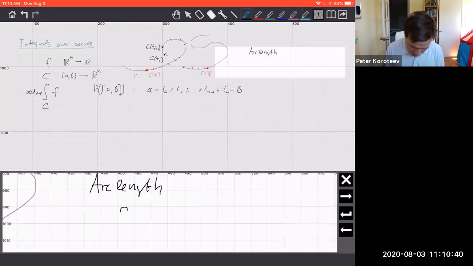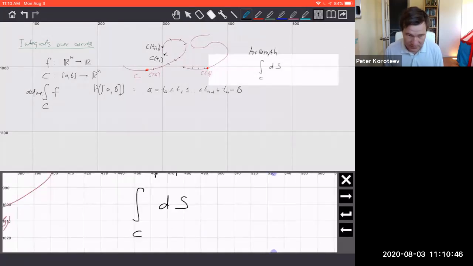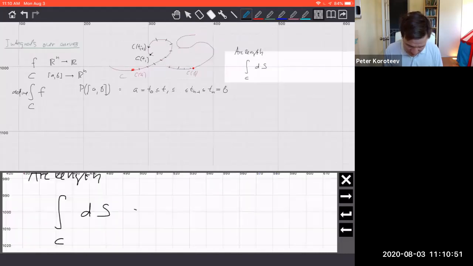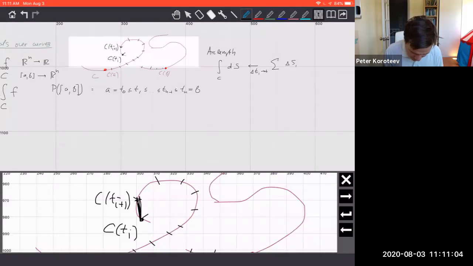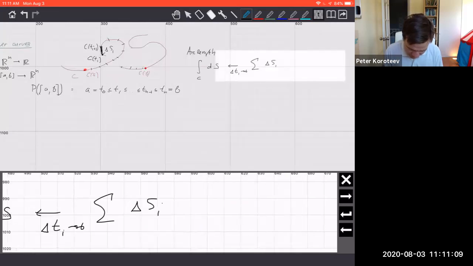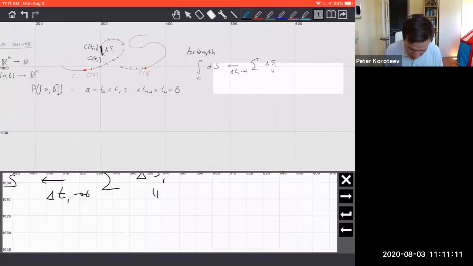It was an integral of just ds over the curve, approximated as the limit, when the mesh of the partition goes to 0, of the sum of delta si, where delta si is this distance over here.